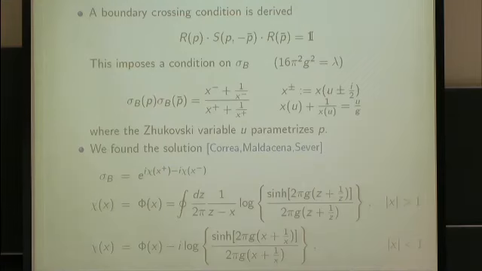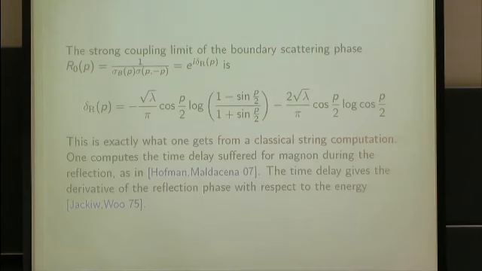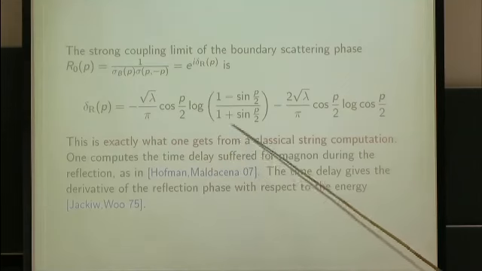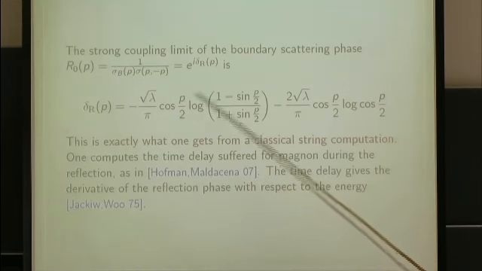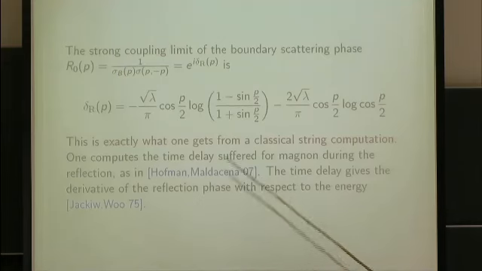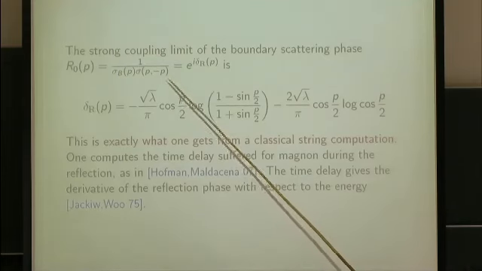But as I said, this is subtle because the solution to this crossing equation is not unique. There are others, so we wanted to check. And you can check, for instance, if we evaluate our dressing phase in the strong coupling limit. This is what we get for this new piece. This is just coming from the bulk crossing equation, the bulk dressing factor.